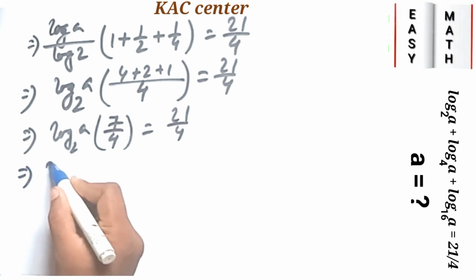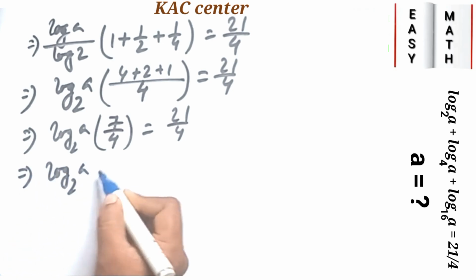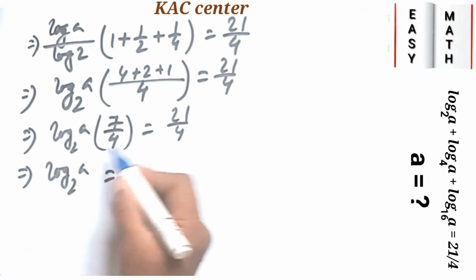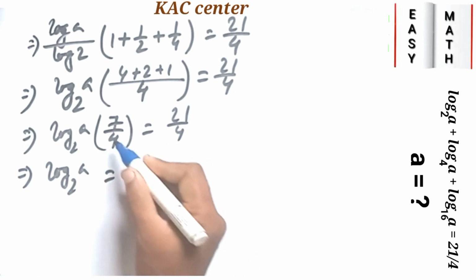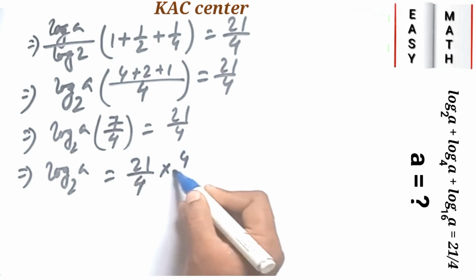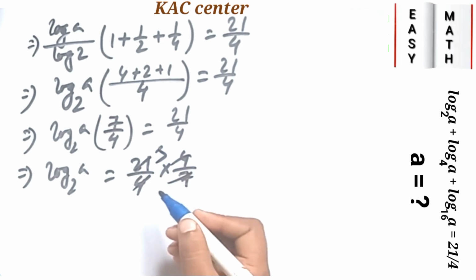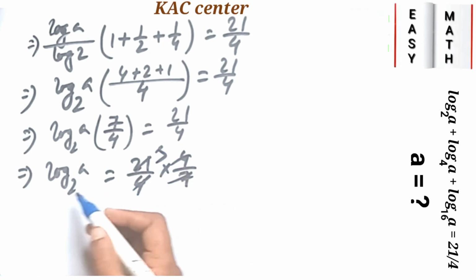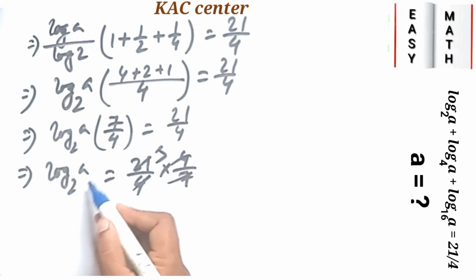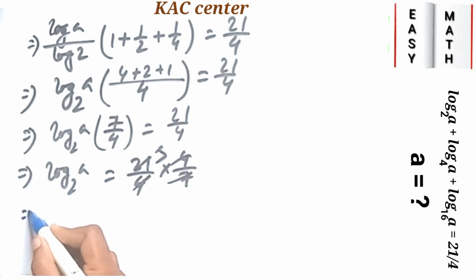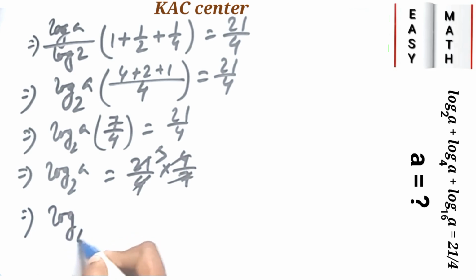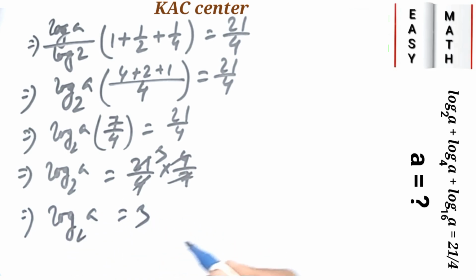So log base 2 of a times 7 by 4 is 21 by 4, and multiplying by 4 over 7, the 7 cancels, and we get 3. So we find the value of log base 2 of a is 3.